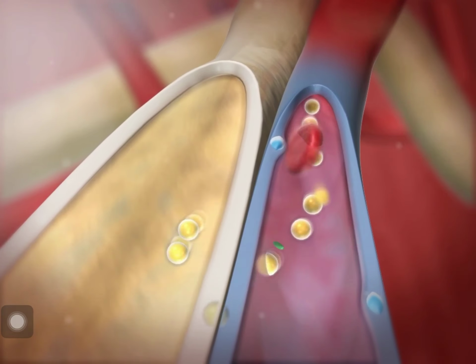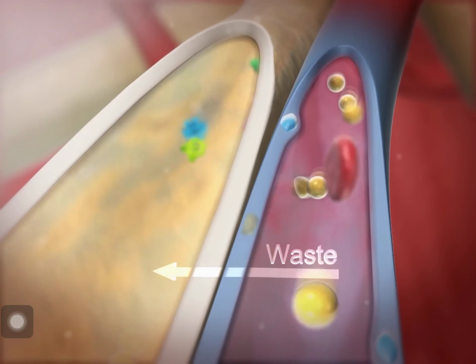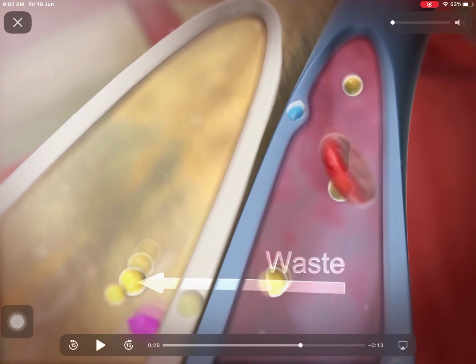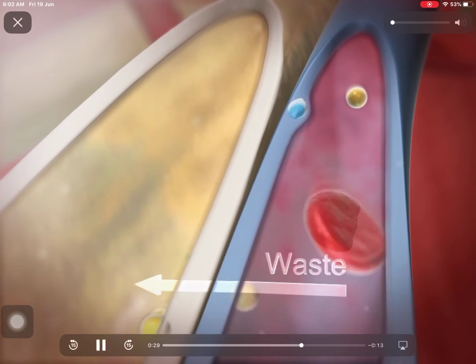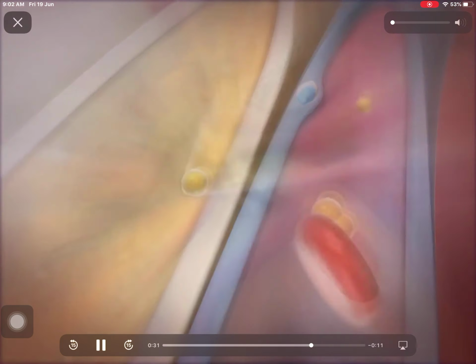At the same time, additional waste ions and hydrogen ions still in the blood pass from capillaries into the renal tubule through the membranous communication. This process is called secretion.